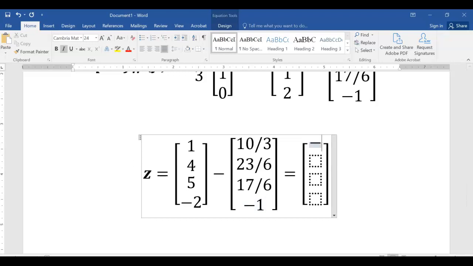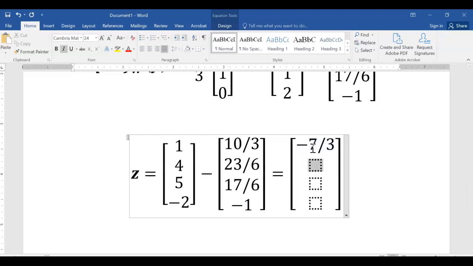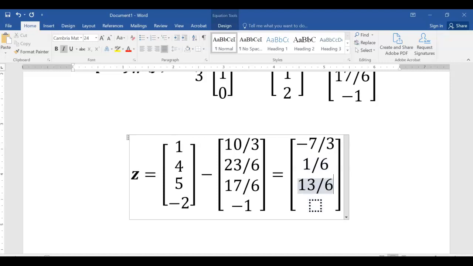We're going to get -7 thirds. When I take 4 minus 23 over 6, I get 1/6. When I take 5 minus 17 over 6, I end up with 2 1/6, or 13 over 6. And then lastly, -2 minus a -1 gives me a -1.